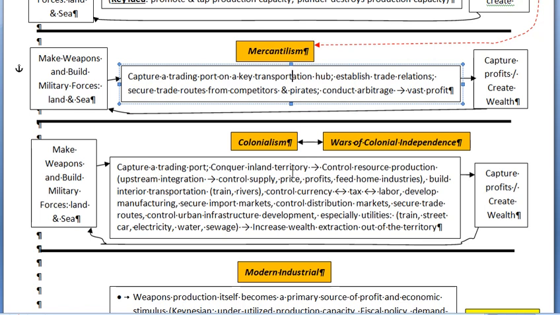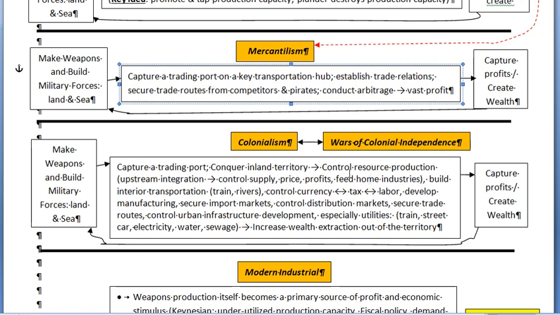So instead of limiting yourself to that, you control resource production directly, you control transportation within the country. So it's a form of upstream integration. You better control the supply, you better control the price, therefore, and then increase profits, and you can better ensure a reliable source of raw materials to feed your home industries. All right.